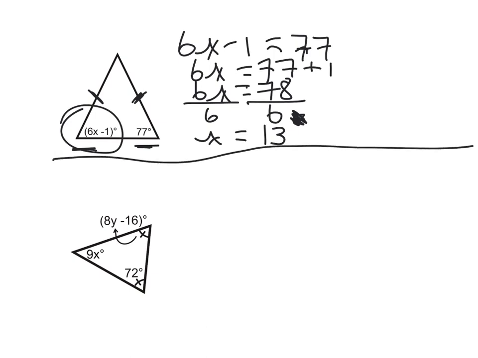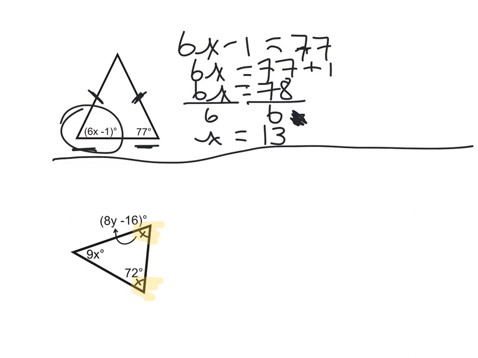The second one, we're solving for x and y. So what we need to know out of this diagram is that these two angles are congruent based on the markings on the diagram. So I'm going to start with those two. I'm not going to start with 9x.